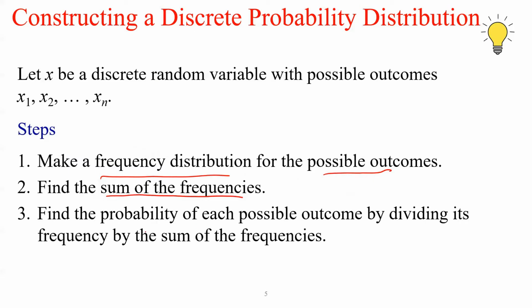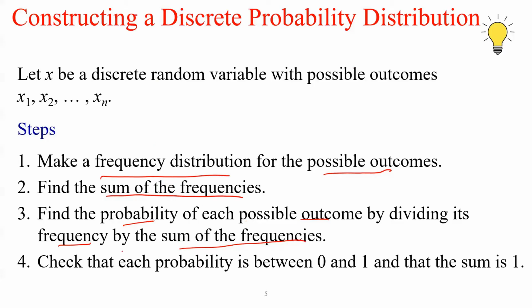Then we need to find the probability of each possible outcome by dividing the frequency by the sum of the frequencies. So once we identify the number of frequencies in a particular class, we divide by the total number of entries, and then we get the probability value corresponding to each class.